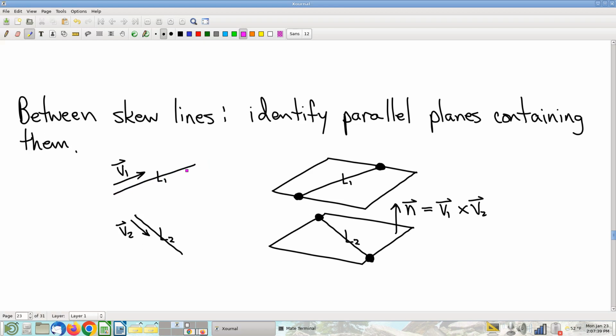When you have two skew lines, a neat fact that I'm going to prove in a moment, two skew lines are always contained in parallel planes.